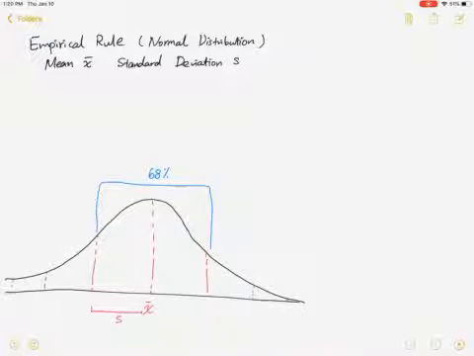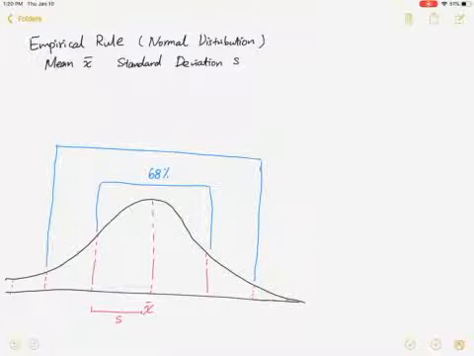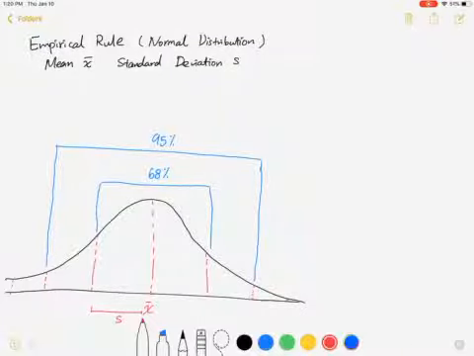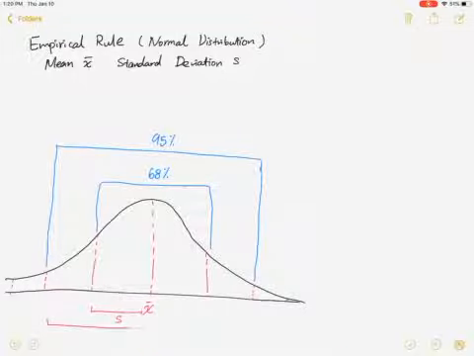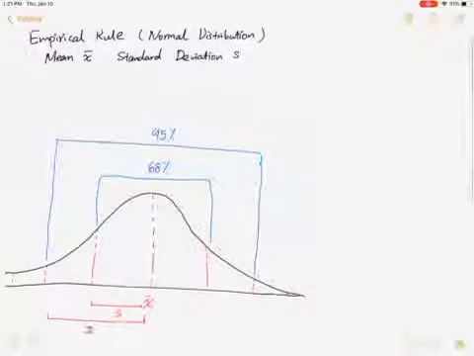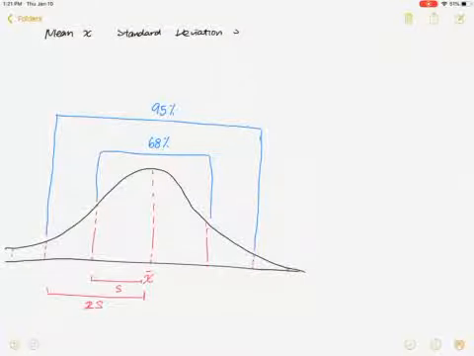Then if I go a little bit further away from the mean, I can say 95% of the data, that is almost everything, is going to fall within two standard deviations, either below or above the mean.